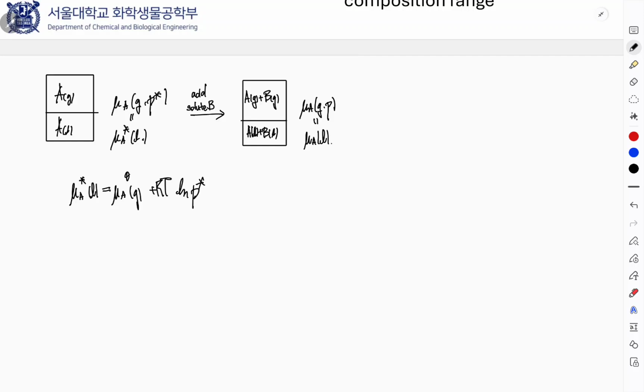So we can replace this standard potential by this equation.